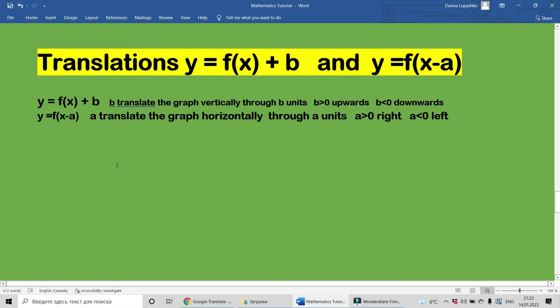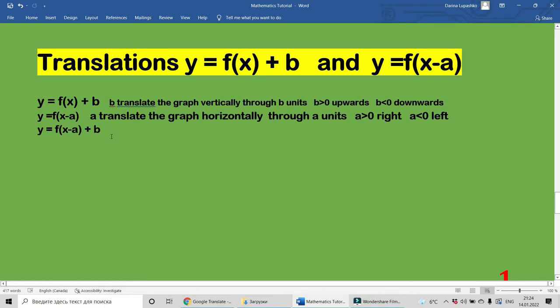Okay, and the last translation is a combination of vertical and horizontal sliding. If we have the function y equals f of x minus a plus b, we are changing x and adding some number to the whole function.